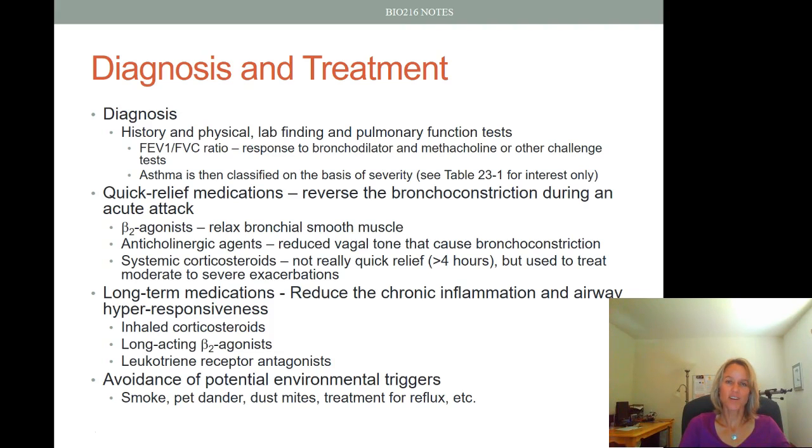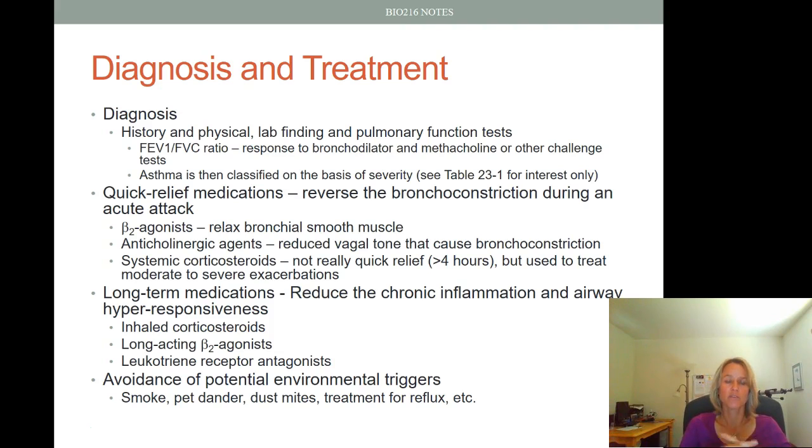We'd check their heart rate to make sure it increased 10 beats per minute, because if you remember, the albuterol is a beta-2 agonist, so it causes not only bronchodilation but an increase in heart rate. So once we knew that they got the medicine in, then we would test them again post-bronchodilator to see if that improved their breathing.